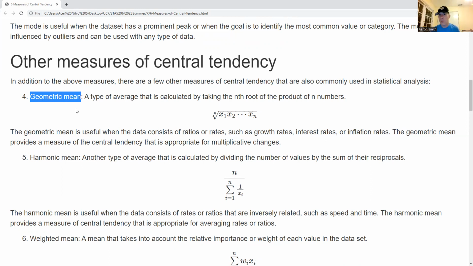So it's like the multiplication version of the mean. The geometric mean is useful when the data consists of ratios or rates, such as growth rates, interest rates, or inflation rates. It provides a measure of central tendency that is appropriate for multiplicative changes.